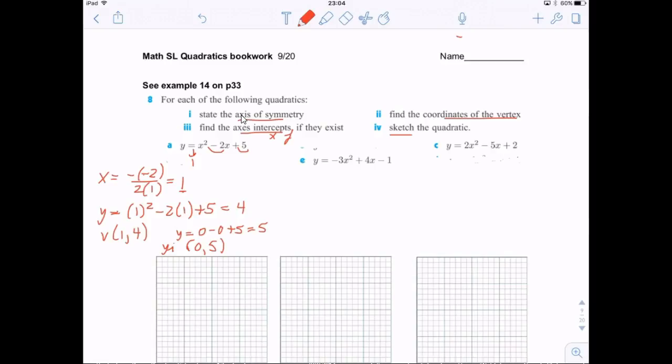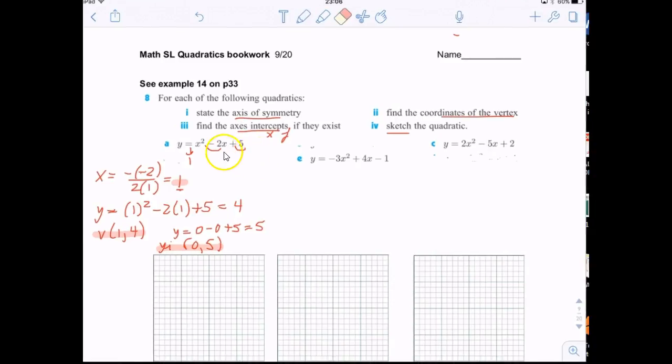The x-intercepts, on the other hand, are going to be equal to the roots of the equation. So how can we find the roots of the equation? Maybe the question we should ask first: are there real roots for this equation? We can do a really quick check, which is to find the discriminant. b squared minus 4ac, remember?